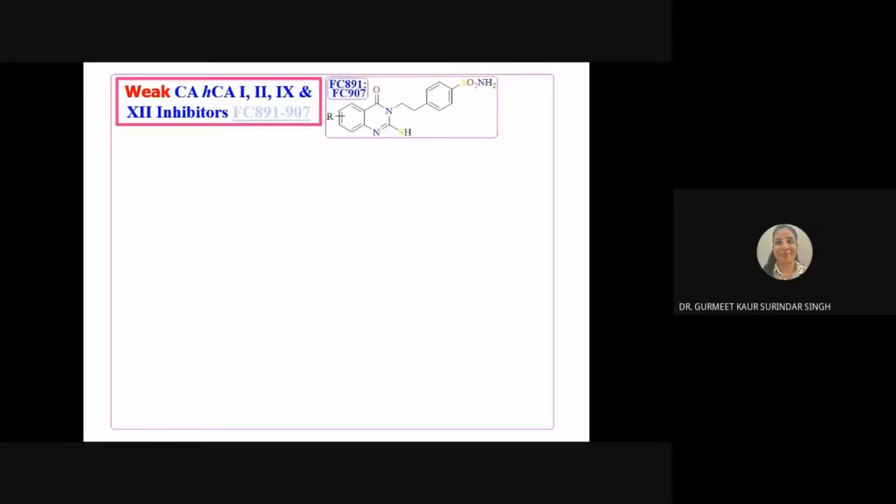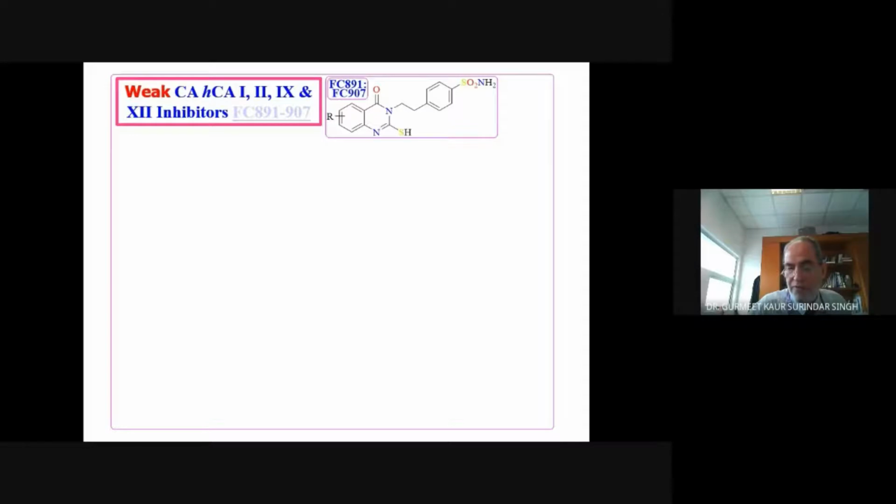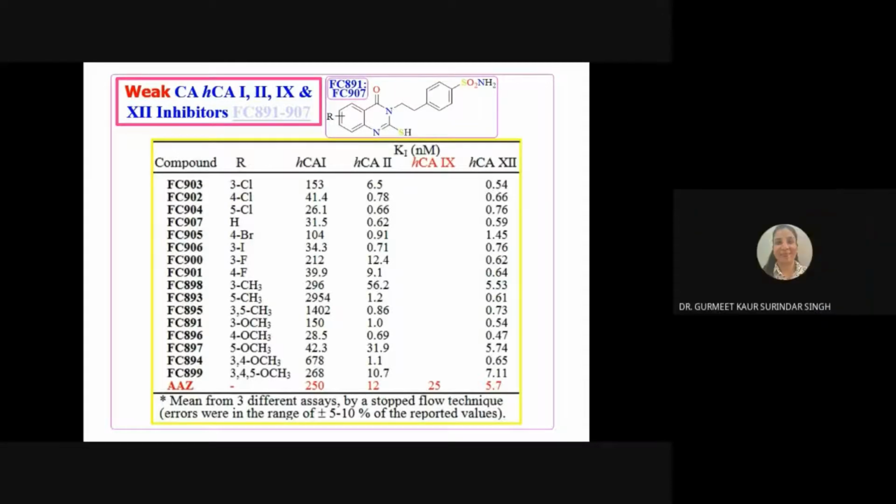The first one, this compound and its derivatives, about 16 compounds, very simple compounds, could be obtained by a one-step chemical reaction, and they contain the thiol moiety, or the sulfhydryl moiety, which is very important for inhibition activity of carbonic anhydrase, and also the sulfonamide group. We found this series of compounds, but actually they are not interesting. Why?